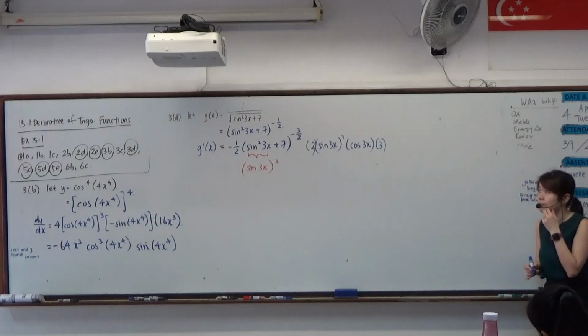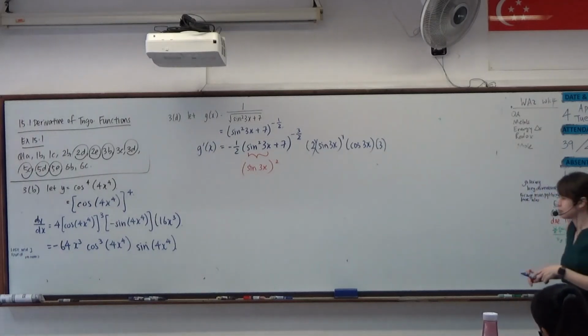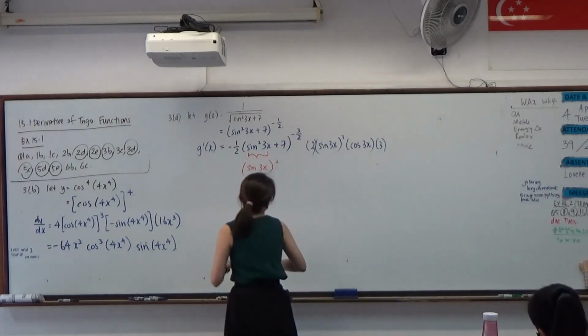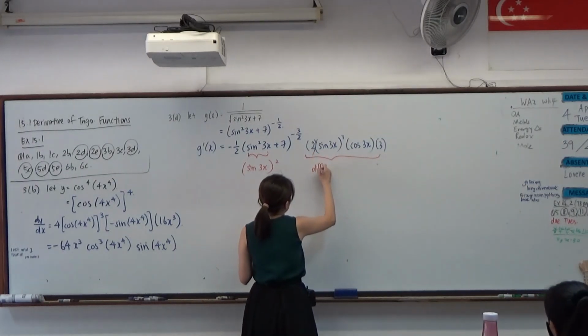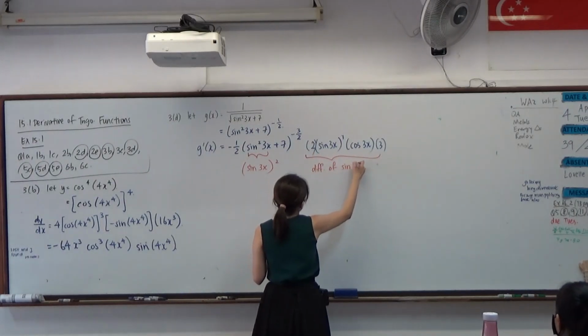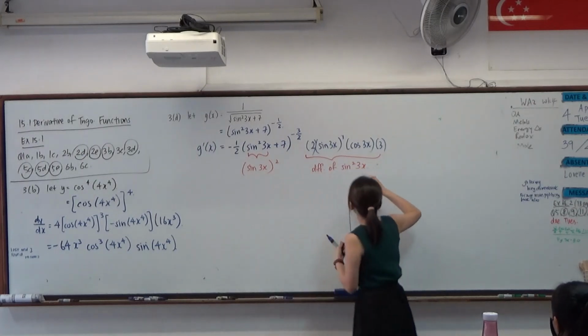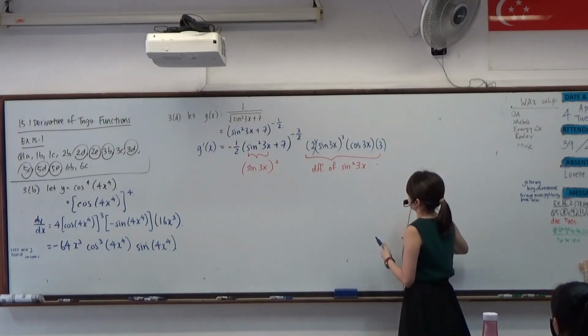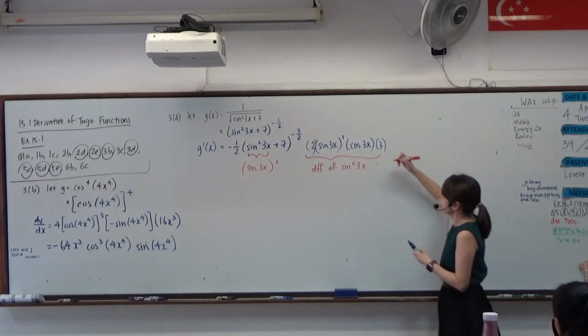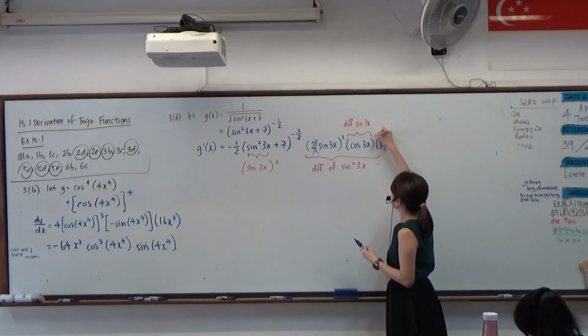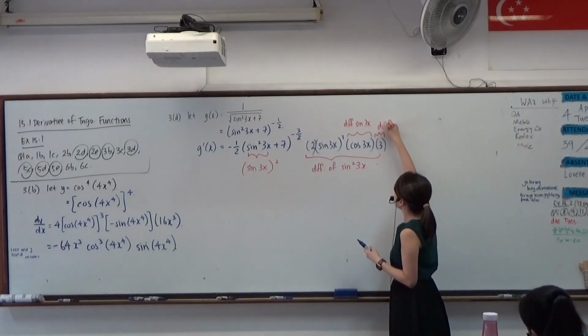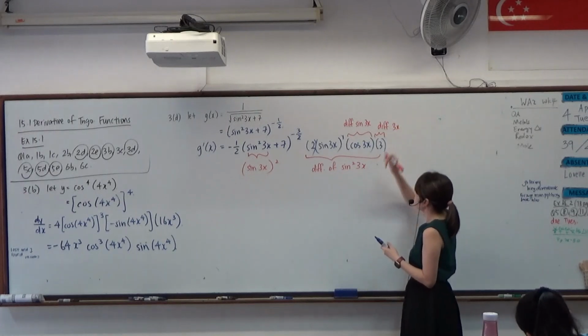The 7 need not be differentiated. So this is the differentiation of sine square 3x. In particular, this is where we differentiate sine 3x, and this is where we differentiate 3x.